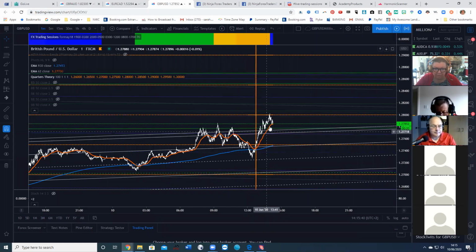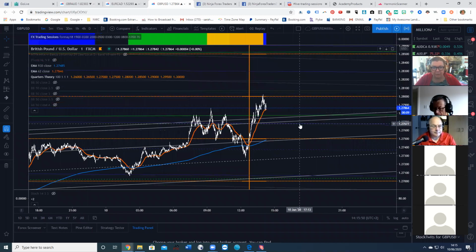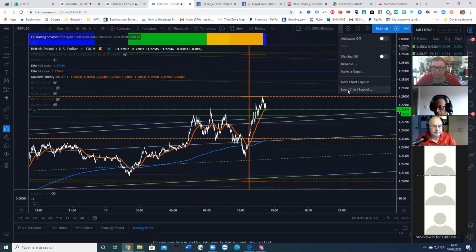So the 62 is saying buy. It's rejected off quarter theory. Those white lines are outer extensions. So it's not doing anything that I want to be looking at. It can't make its mind up, needs to make its mind up what it wants to do. So that's GU anyway. And as I say, I'm not keen on USD pairs today.